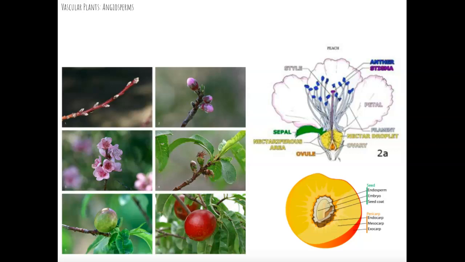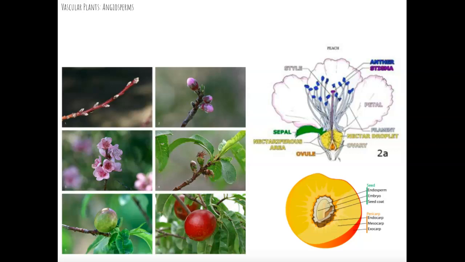Once the egg in the flower gets fertilized, the flower part of the plant falls away, and the ovule starts to turn into a fruit that surrounds that fertilized egg cell. After that, once that ovule becomes mature, it's a fruit.